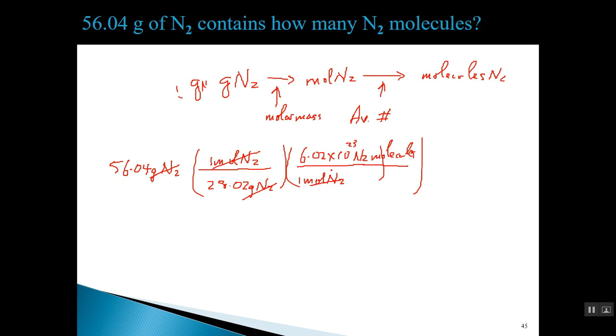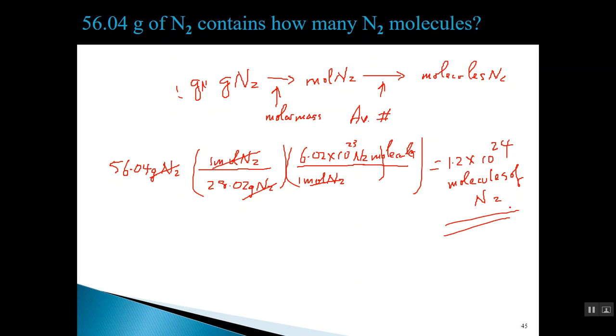And according to my calculation, this works out to be equal to 1.2 times 10 to the 24 molecules of N2. And that's how you do that.